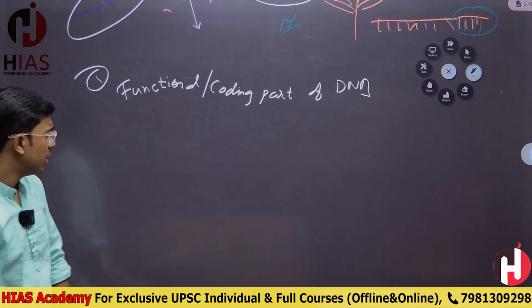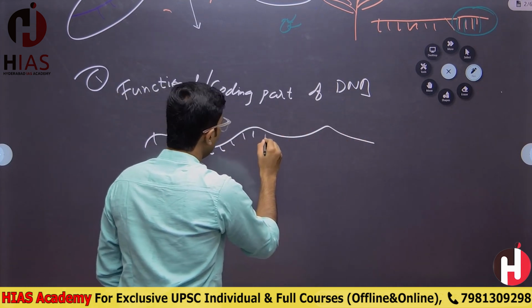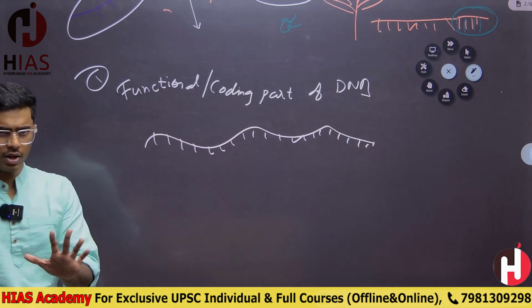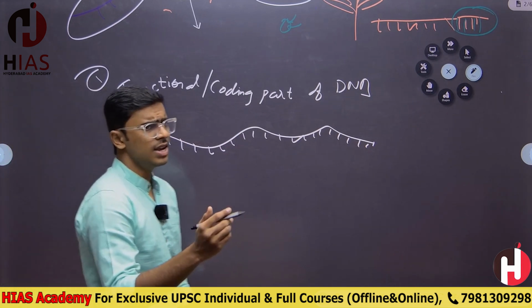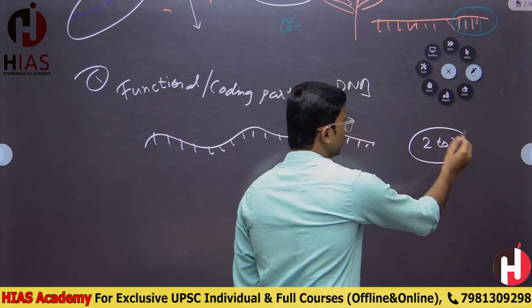Now, what do I mean by that? DNA can be very big. Usually not everything is a coding part. For example, in DNA you have only 2 to 3% genes.